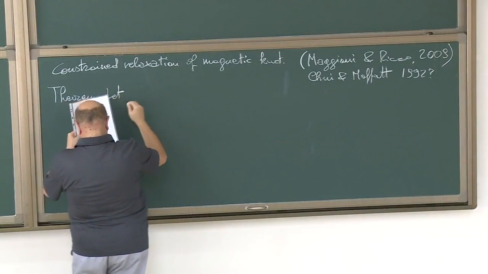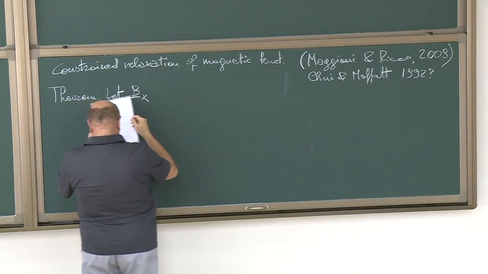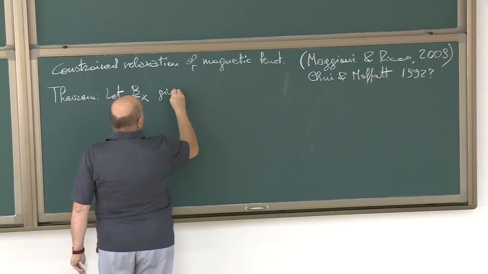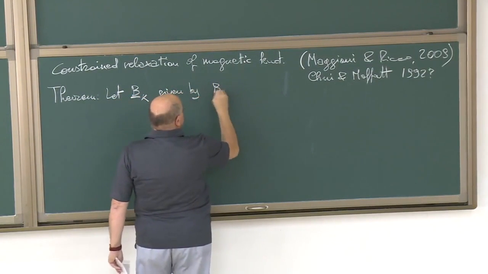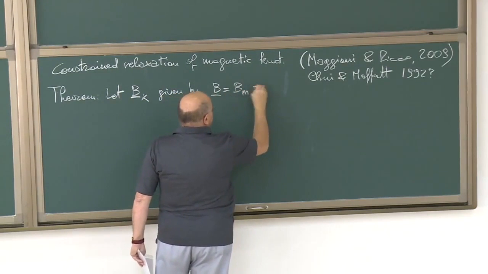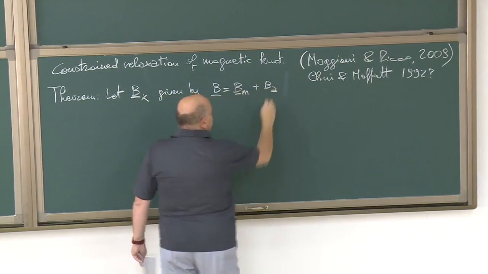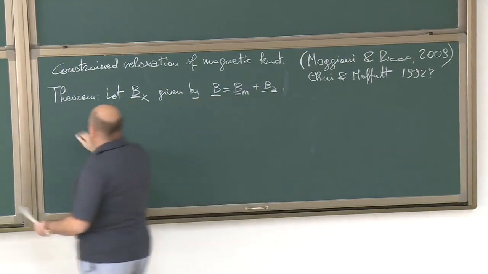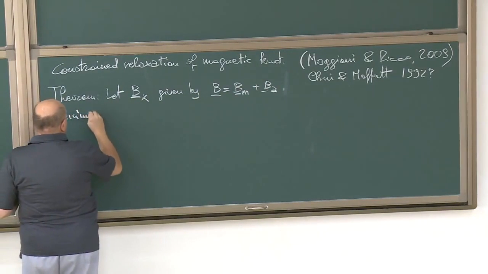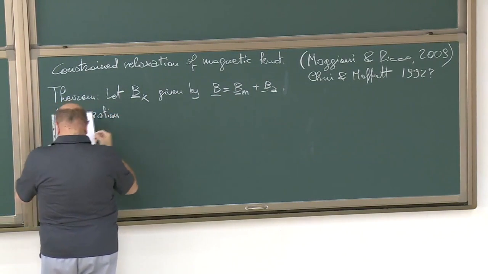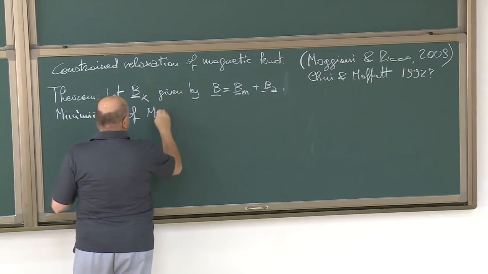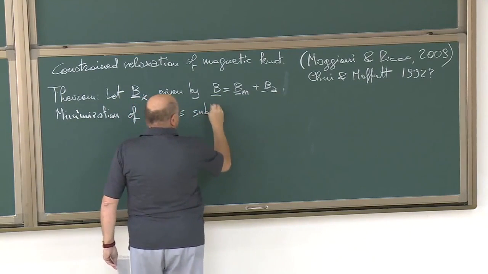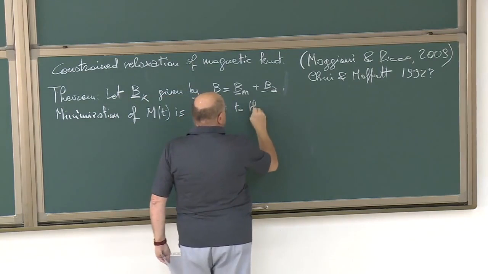Let Bk denote these magnetic knot or knots given by the decomposition B equals Bm plus Ba that I mentioned last time, under minimization of magnetic energy M of T subject to the following assumptions.